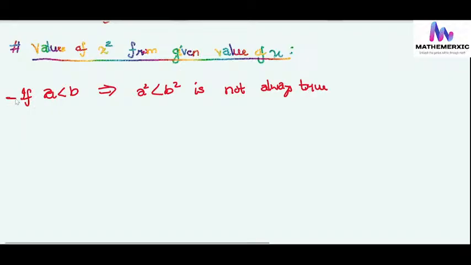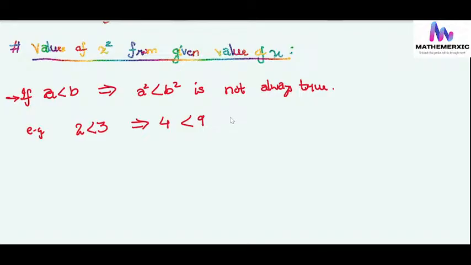So this is the first thing, that it is not always true. For example, 2 is less than 3, then 4 is less than 9.